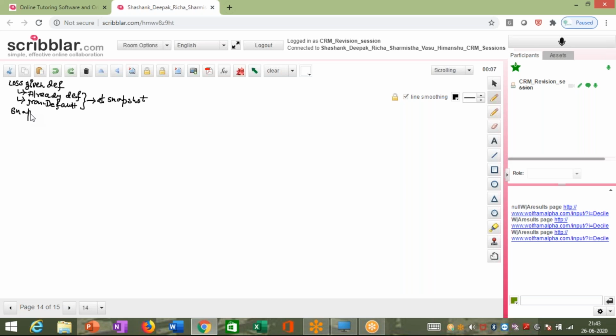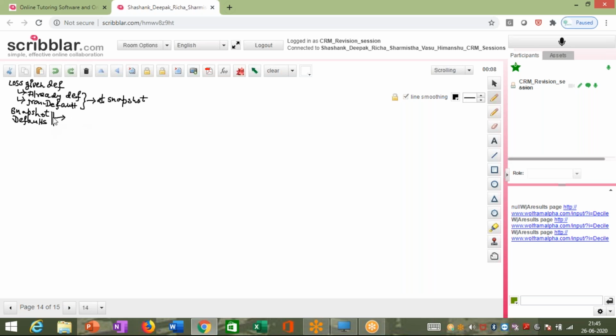Now, when I talk about the snapshot defaults, they are the accounts which had been excluded, but these are accounts which have already defaulted. So accounts which have defaulted as of the given snapshot fall under this category.